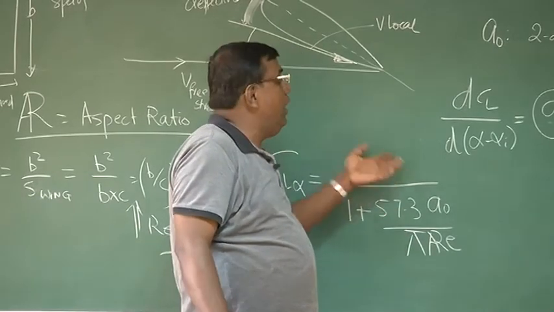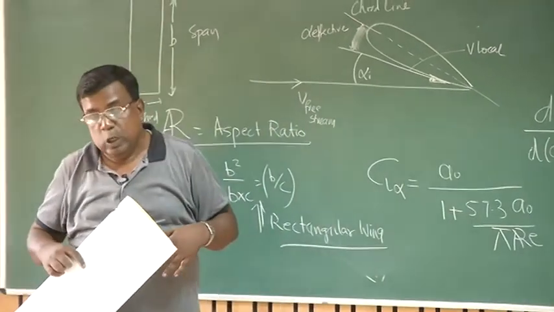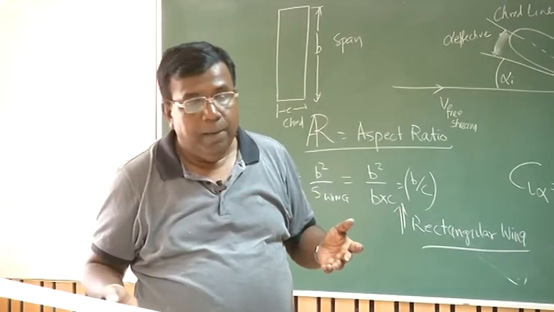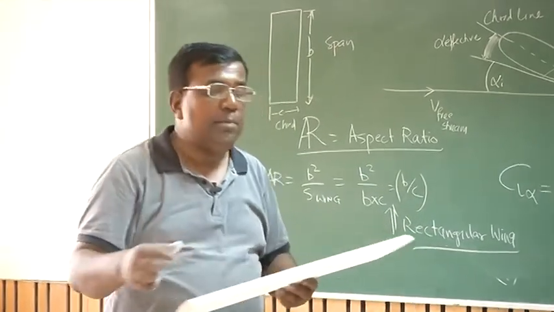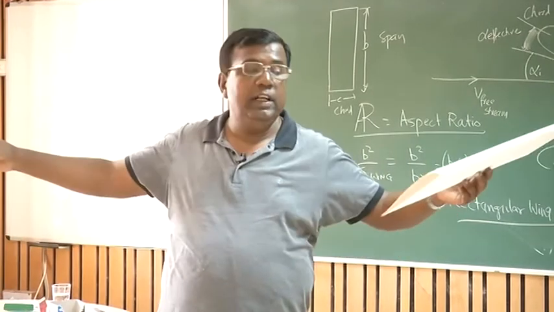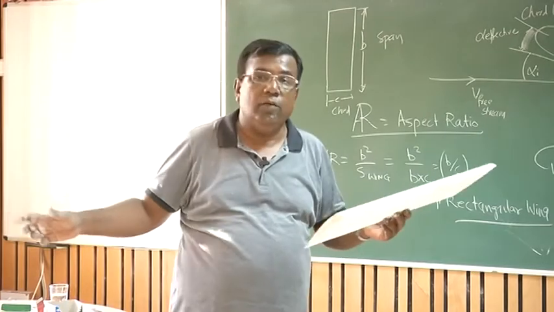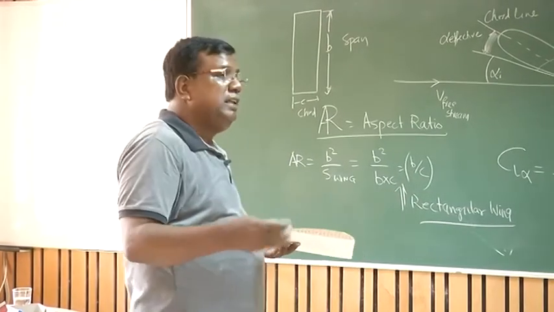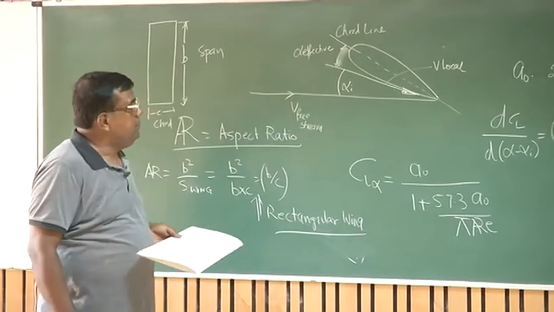That is, it will now behave like a 2D. So if you want to get larger CL alpha, it is better to have larger aspect ratio. But there is a problem with larger aspect ratio. One problem is, if it is a very large aspect ratio wing, how do you balance the weight of the wing? And there are other issues that will come as we progress, you'll understand.